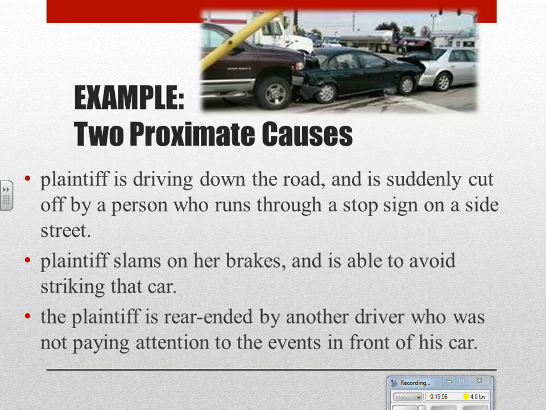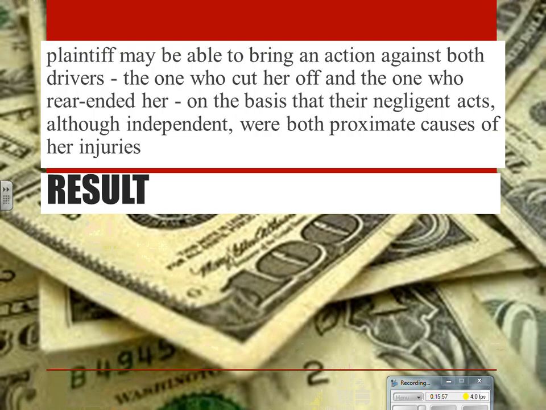Okay. So, the result of our, what's your verdict? The plaintiff may be able to bring an action against both drivers, both the one who cut her off and the driver who rear-ended her. Both of them were negligently acting.